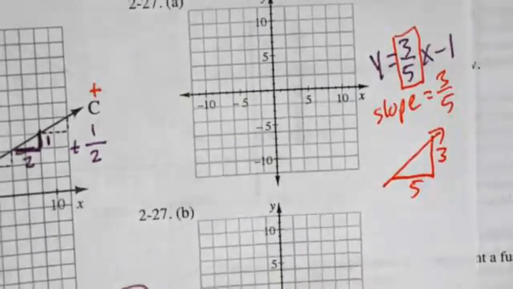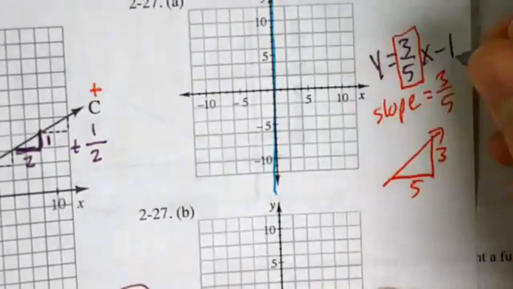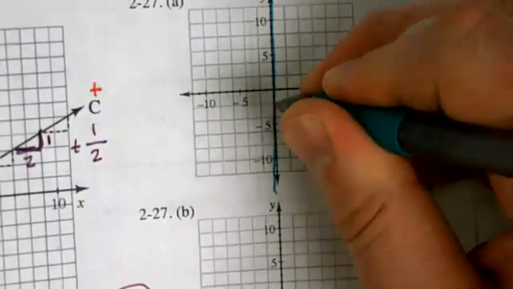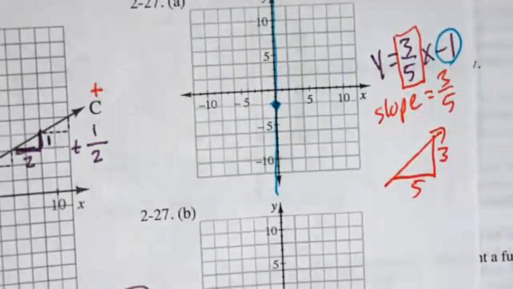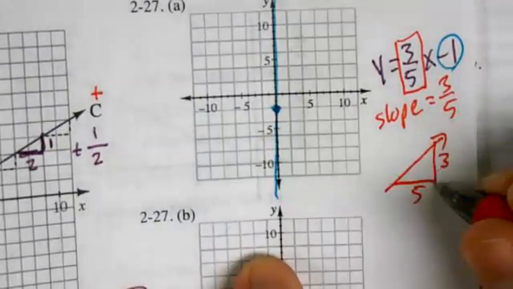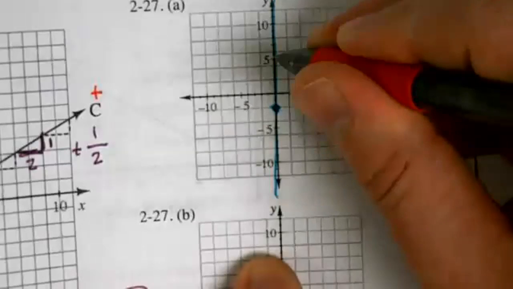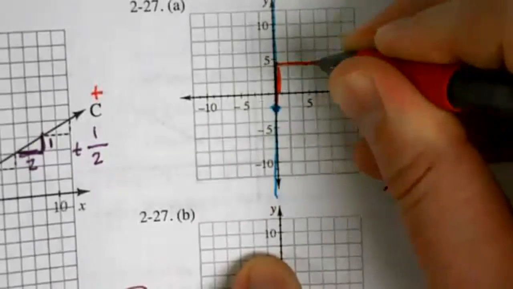Now, where are we going to start this graph along our y-axis? What is our start value? -1 is our start value, so we're going to start it at -1. We always start on the y-axis at the y-intercept. And from that point, we're going to make a slope triangle that looks like this. It's going to go over 5 and up 3, or up 3 and over 5, however you want to go. I'm going to go up 3 and over.